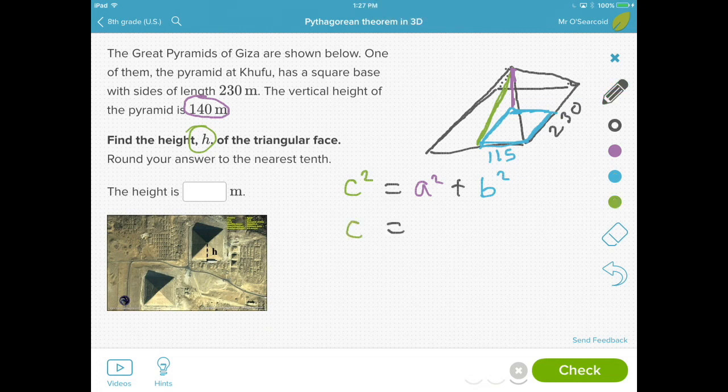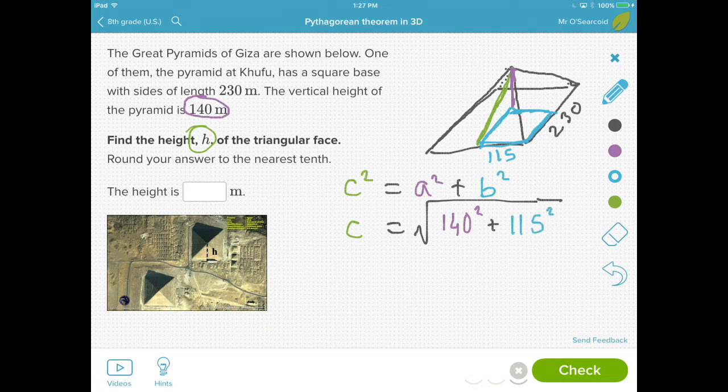We square both sides, and we get c is equal to the square root of a squared plus b squared. Our height is a, 140 meters, and the base of our triangle is b, which is 115, half of 230.